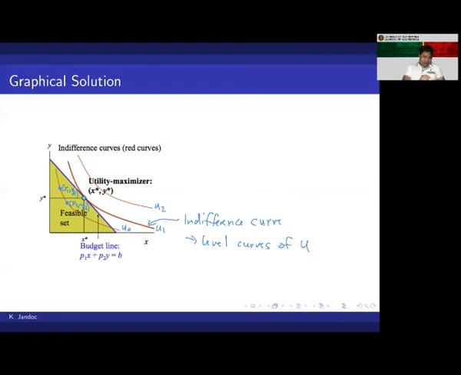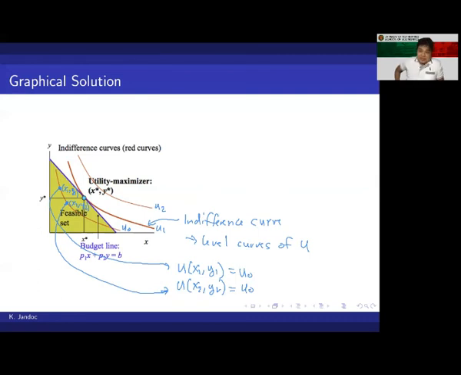At point x1, y1, U of x1, y1 will give you a utility level U naught. When you plug in x2, y2, it'll also give you U naught, because they are points in the level curve or the indifference curve.